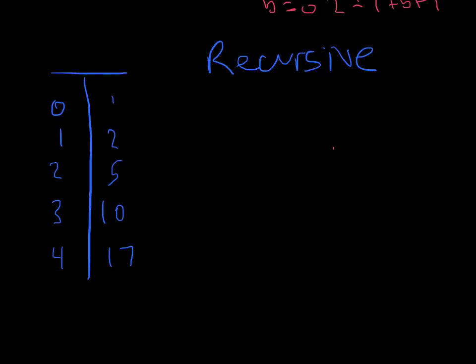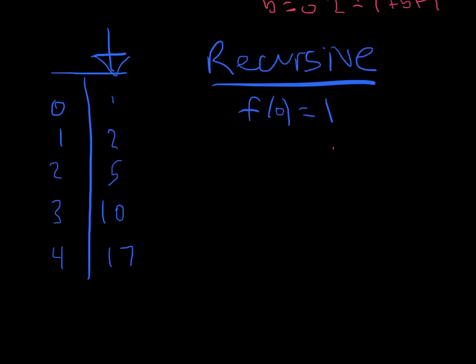We're trying to find a relationship between these values. So if we know that we have to start with our starting point, so I know that f of 0 equals 1. And then we want to try to figure out what's happening to the other ones.